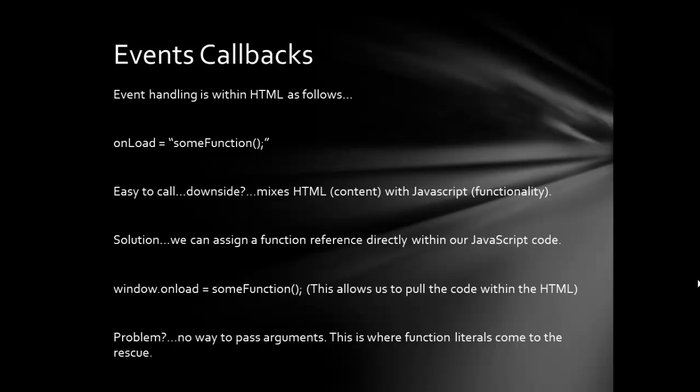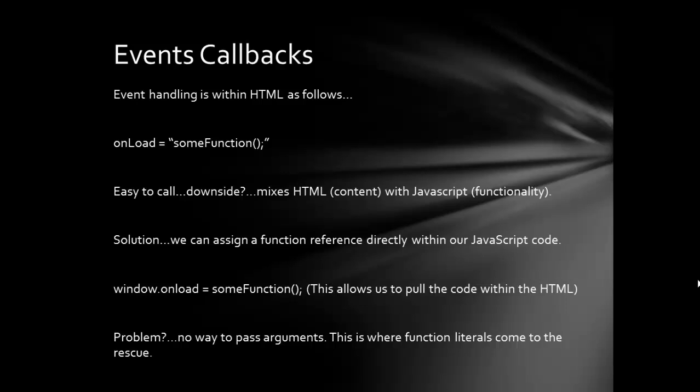Then I can make it equal to that function. So we can pull that event call out of the body tag and put it in our JavaScript code. Now, there is an issue with this.